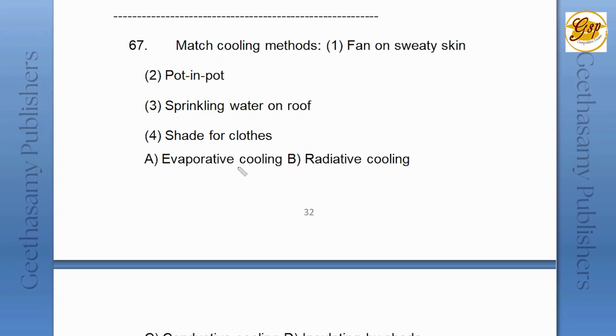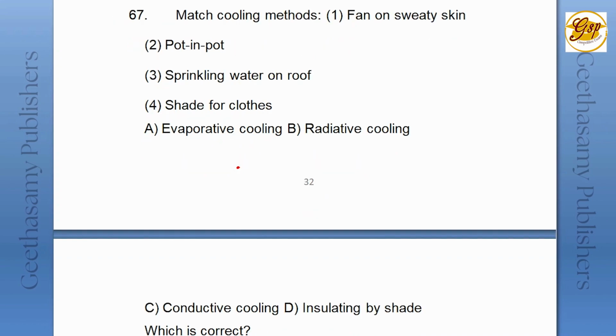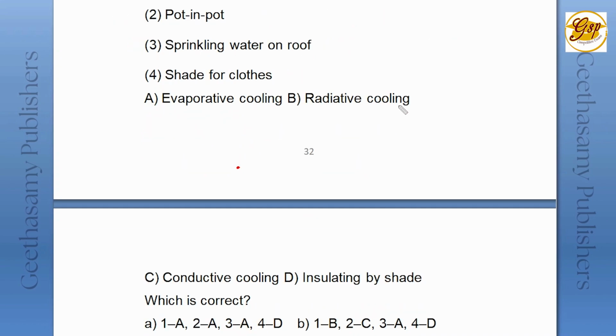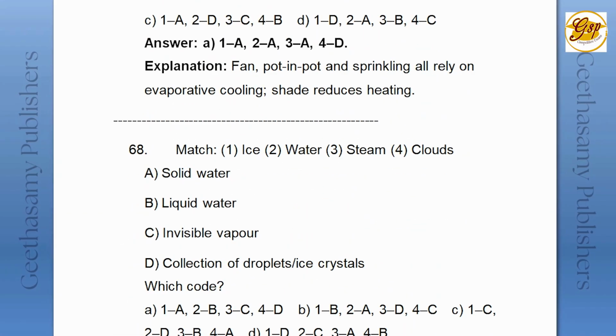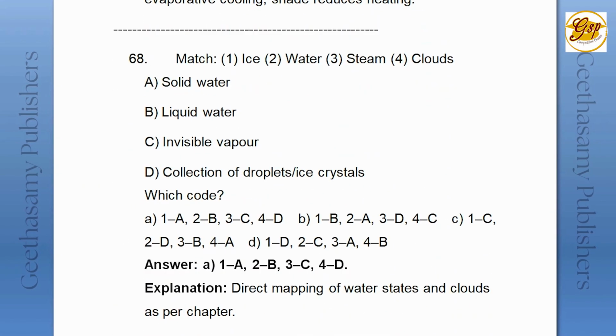Pot in pot is evaporative cooling, sprinkling water is again evaporative cooling, and finally shade in cloth is D, radiative cooling. So all are A except D, and the fourth one is D. Fine, there was a confusion, doesn't matter.